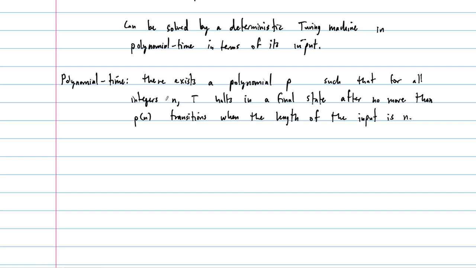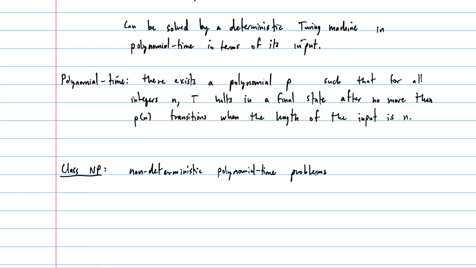So NP, if you just guessed, you might guess this meant non-polynomial or something, but that's not what it means, actually. This is the class of non-deterministic polynomial time. So the N is for non-deterministic. And these are the non-deterministic polynomial time problems.